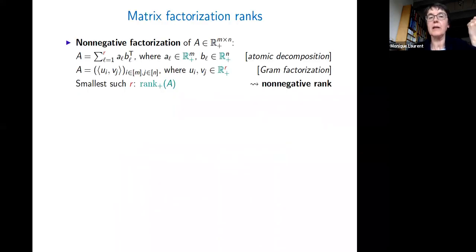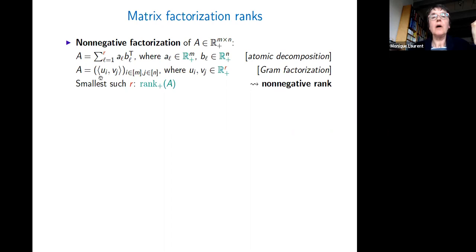So this is why I would like to say a few words about that. So matrix factorization, let's discuss, for instance, non-negative factorizations. You have a matrix A, a rectangular matrix with non-negative entries, and you try to write it as a sum of rank 1 matrices, outer products a b^T, where a and b are non-negative vectors.